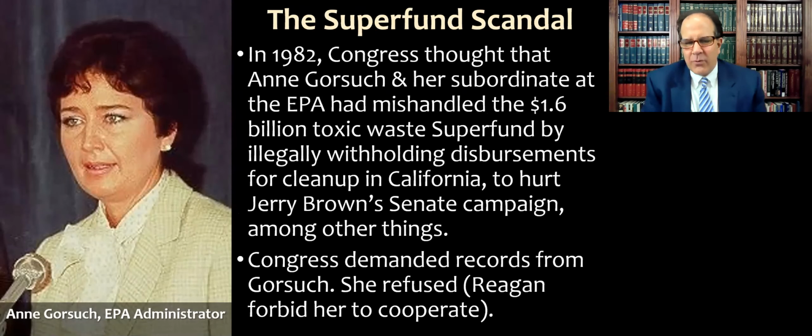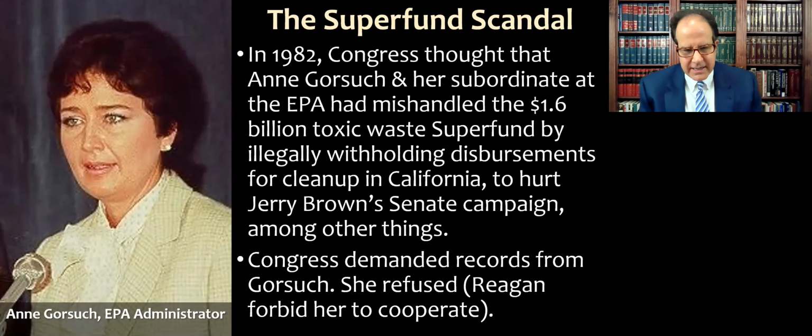Okay, so who started this whole scandal? Anne Gorsuch did. In 1982, Anne Gorsuch and one of her subordinates at the EPA were accused of mishandling the $1.6 billion toxic waste Superfund.